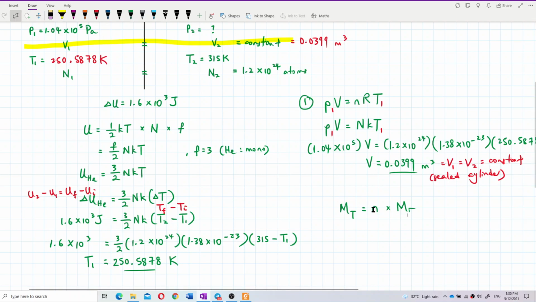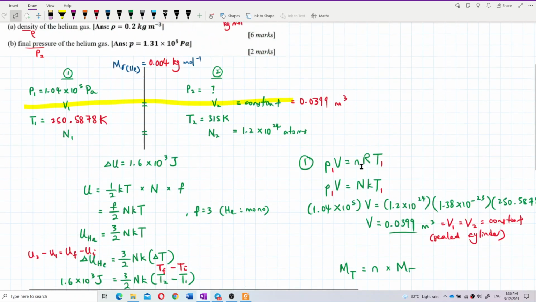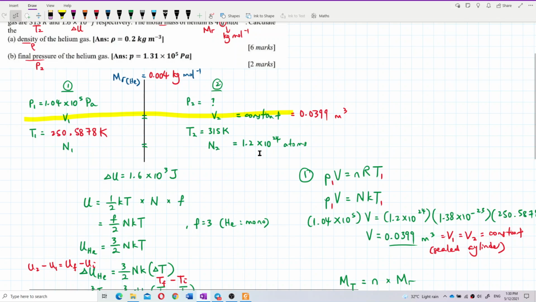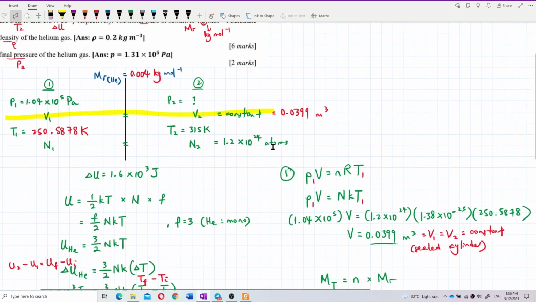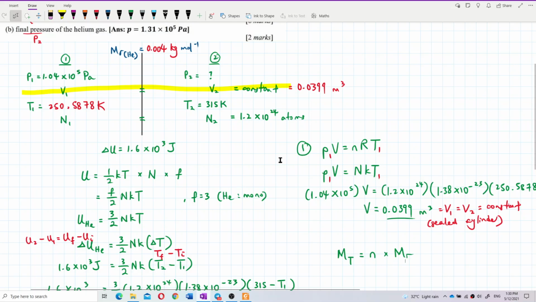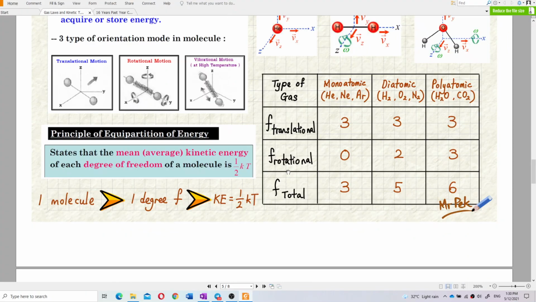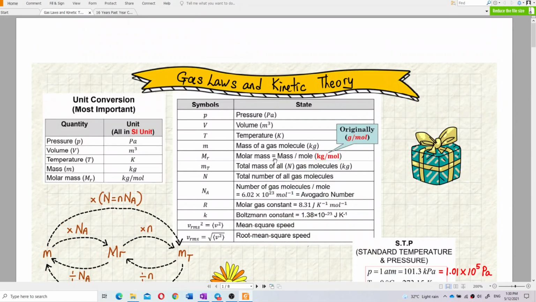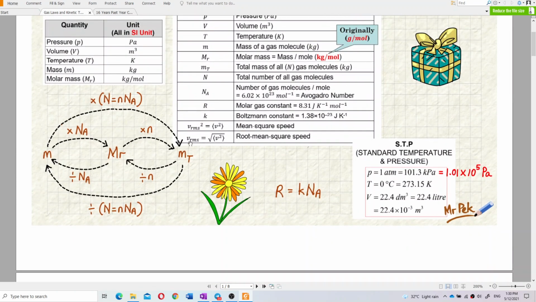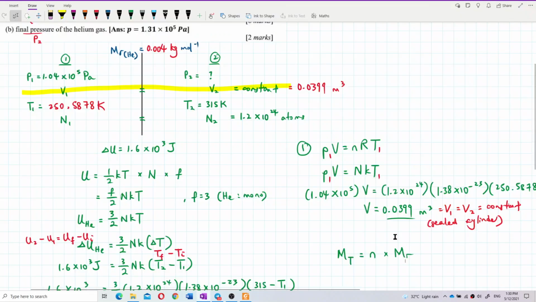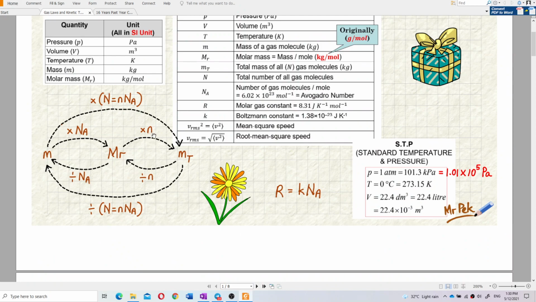So first of all, we need to know how many moles are in this total atoms, 1.2 exponent 24. To find the total mass of gas, you just take the molar mass multiplied by the number of moles. Then you get the total mass.